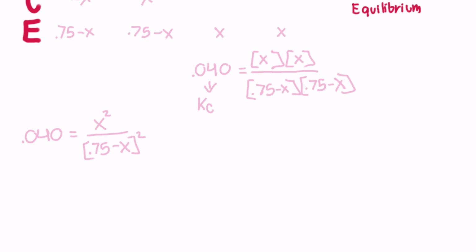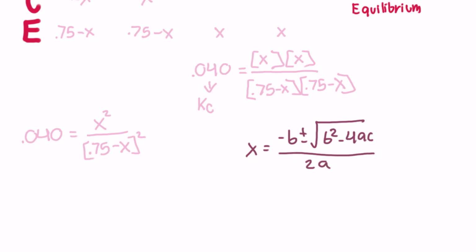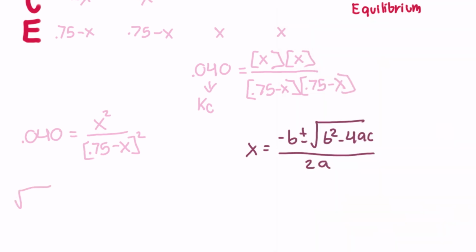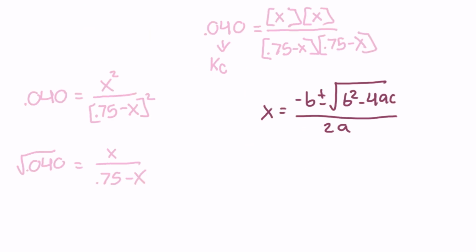Usually, you will be needing the quadratic formula, which is x equals negative b plus or minus the square root of b squared minus 4ac all over 2a. However, in this case, both top and bottom are squared, so we can just get the square root of the other side and solve. The square root of 0.04 is 0.2.